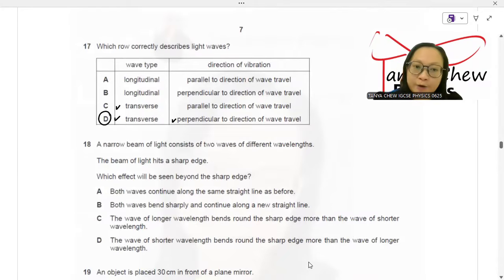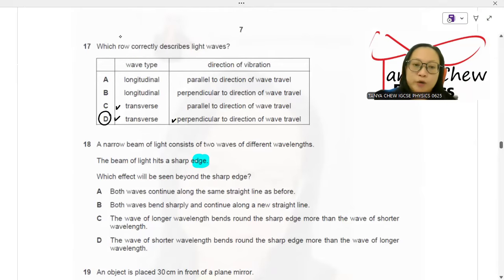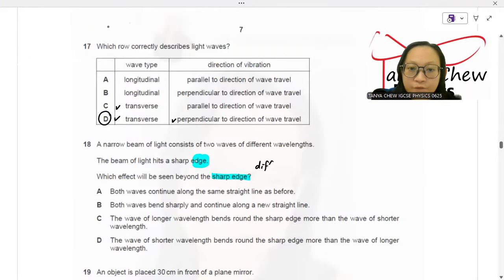Number 18, a narrow beam of light consists of two waves at different wavelengths. The beam of light hits a sharp edge. You see the word edge? That means it's like a barrier. So which effect will be seen beyond the sharp edge? This phenomenon is called diffraction, the spreading of waves. A, both waves continue along the same straight line. No, it cannot continue because it hit the sharp edge.